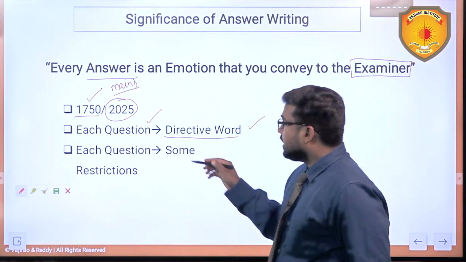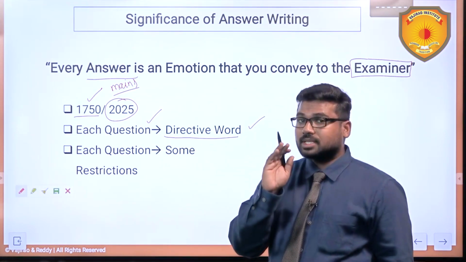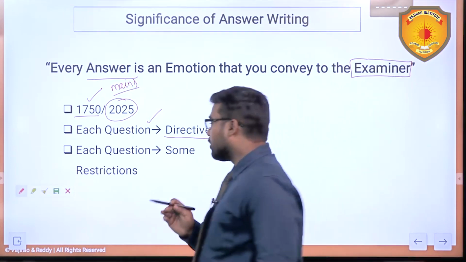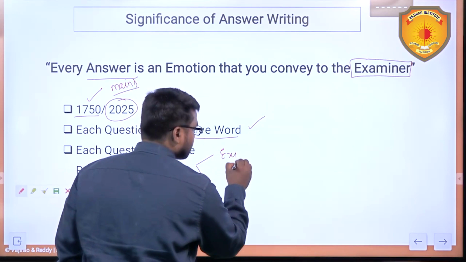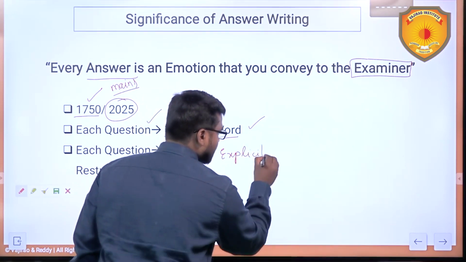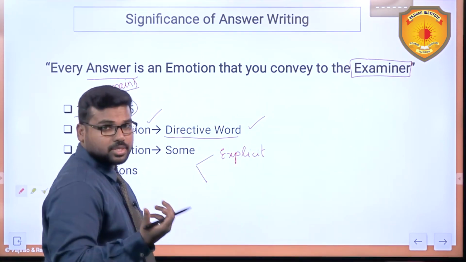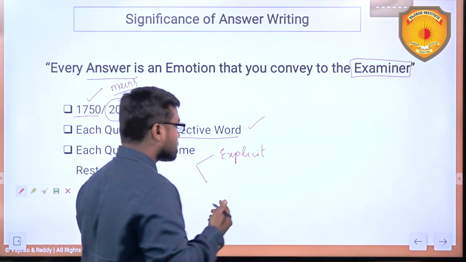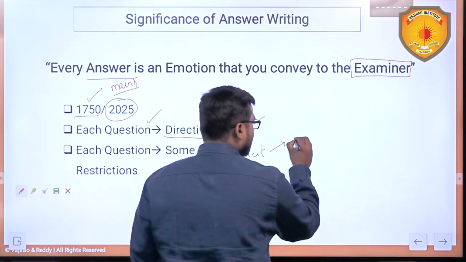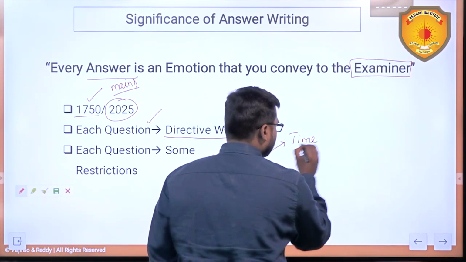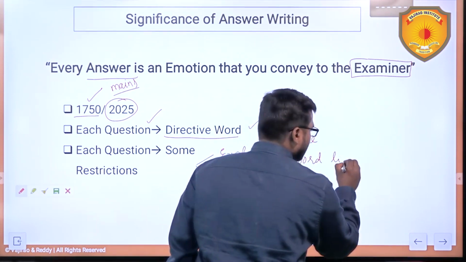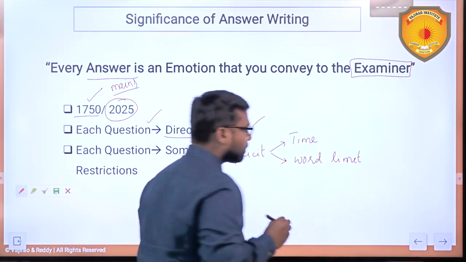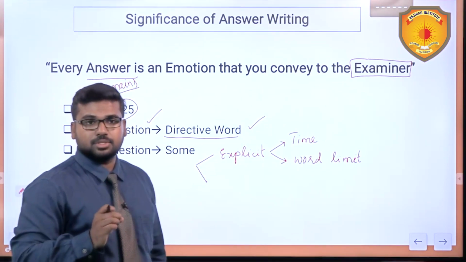Plus, each question has some restrictions. Some of these restrictions will be explicit, where you can actually see them. What are the restrictions that you get? Number one, the time restriction. Number two, the word limit. For each and every question, there are word limits.